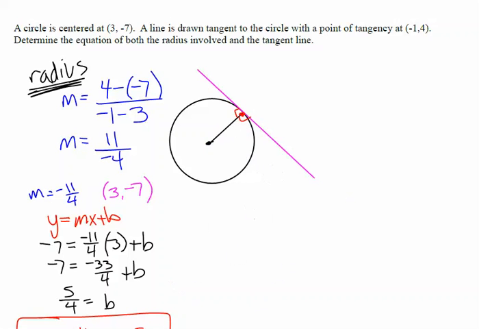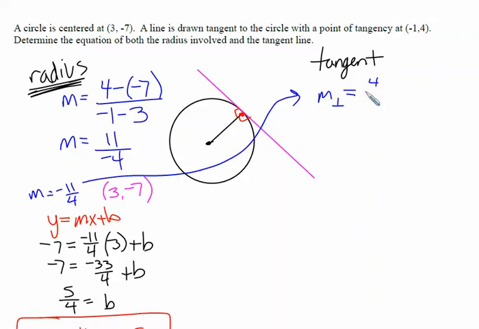So when we go to write out the tangent line, really the key thing to do is notice that we have the opposite reciprocal slope. So here, the opposite reciprocal slope, or the perpendicular slope, would be 4/11. We still have to take the point of tangency. We cannot use the center point of the circle. We have to use the point of tangency.